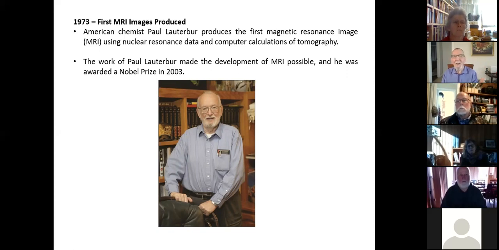It is absolutely incredible, the work that's been done in a very short space of time. The work of Lauterbur made the development of MRI possible, and he won the Nobel Prize in 2003, which is quite a gap after some of the work that he did. However, better late than never, eh?